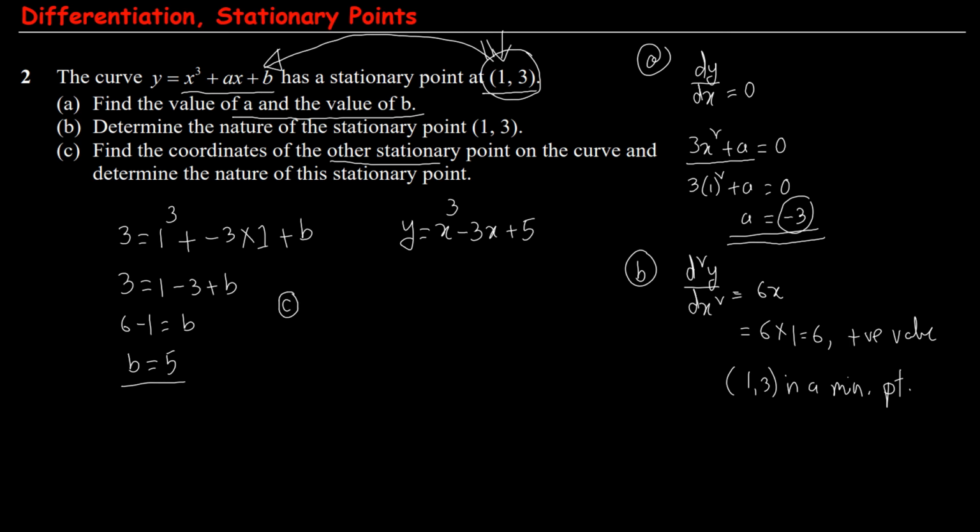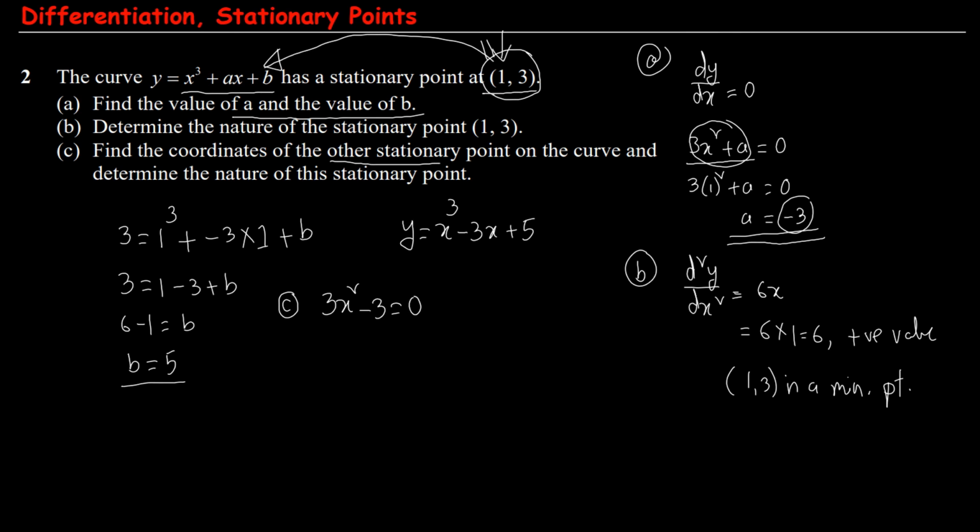For doing that, because we already have the expression of dy by dx, if I put the value of a here, the expression is 3x square minus 3, and we consider it equal to 0.